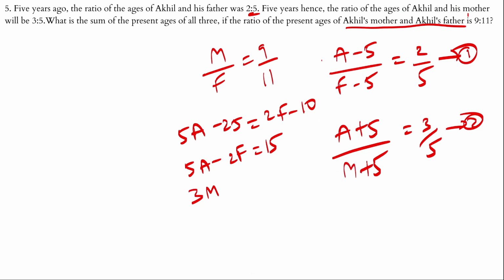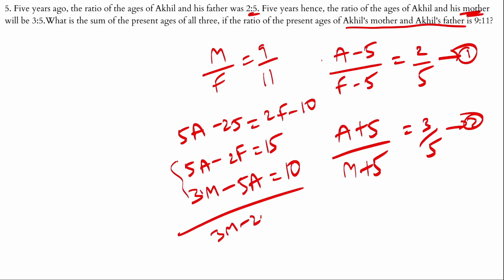Okay, so 3m minus 5a, this will be equal to 10. If you solve these two equations, these two get cancelled. So 3m minus 2f is equal to 25.